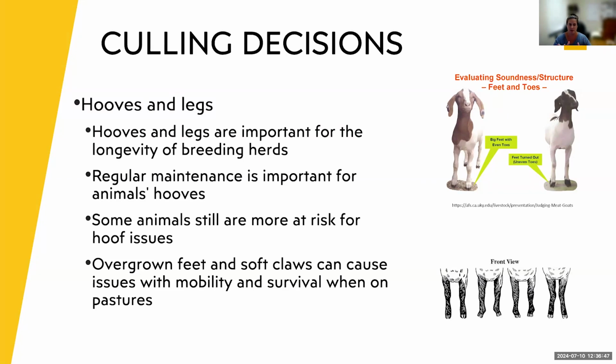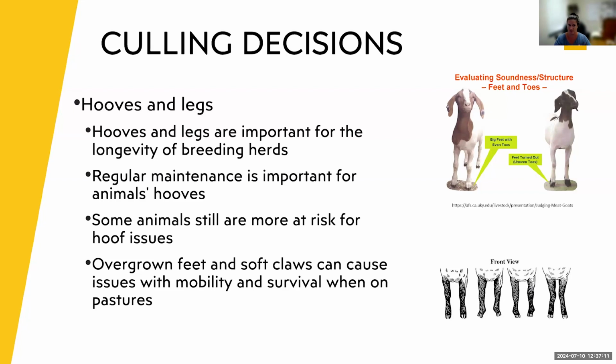And so some animals that are having to have those extra hoof trimmings, or they just seem to get lame more often, that's another reason for culling, because they're not going to be as productive, right? They're not going to be able to get up and graze as easily during breeding season. If they're not up and moving around, they may not get bred as easily by your buck or ram.